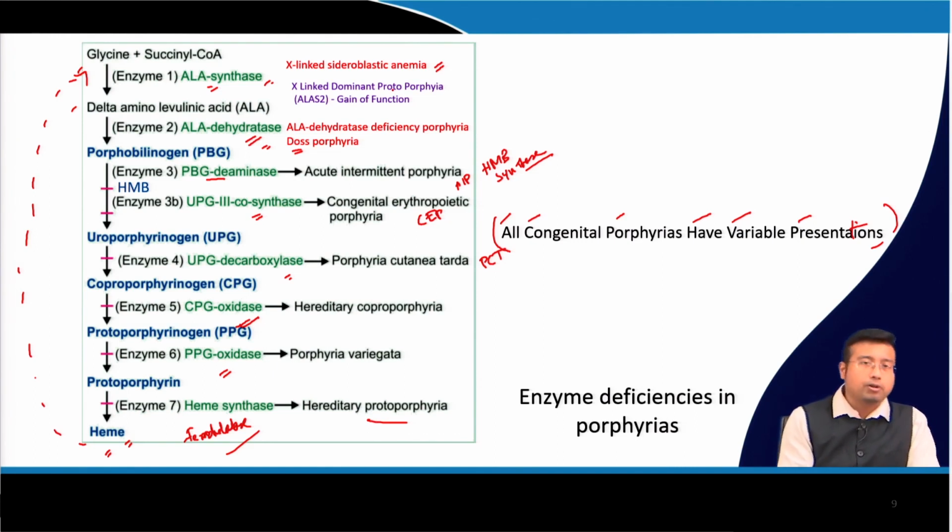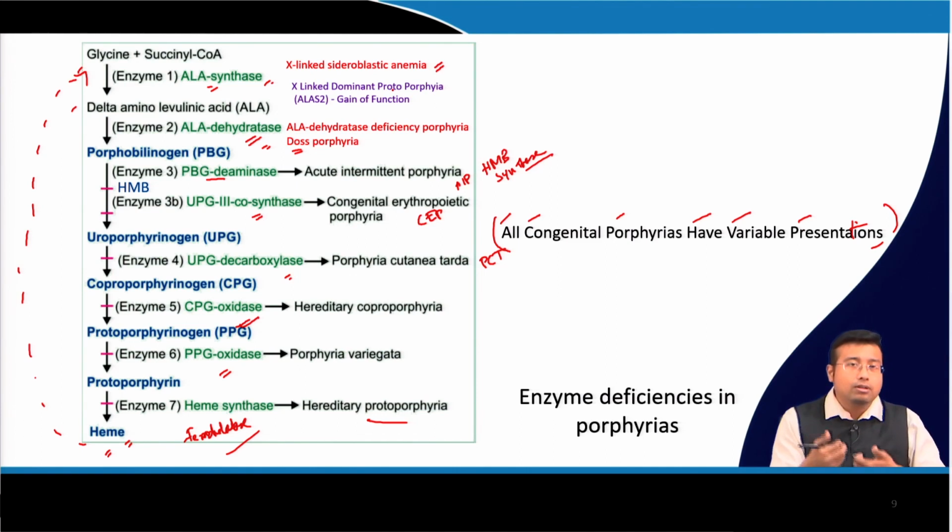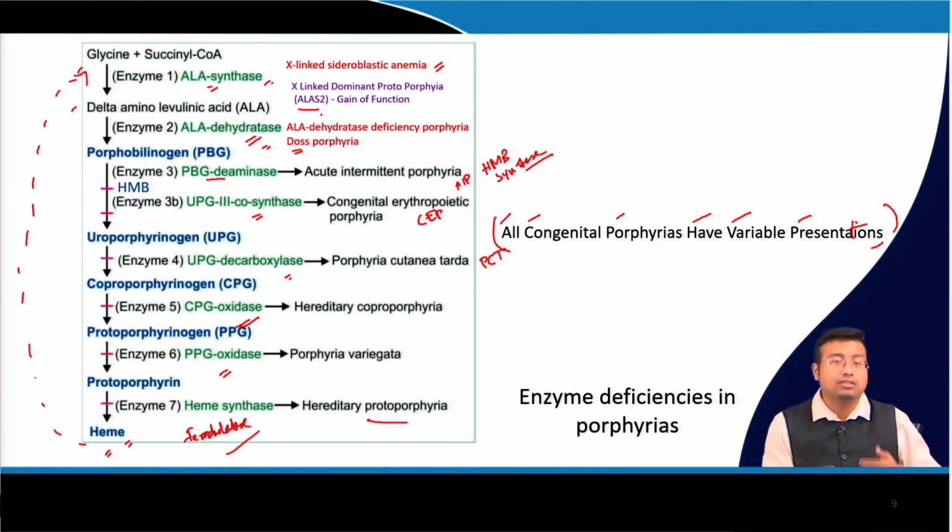They will be excreted in urine and lead to a common symptom that we will be discussing very soon. This has been found due to a gain of function mutation of ALA synthase 2, which is present in erythrocytes, the erythroid variety, and has no feedback inhibition by heme.